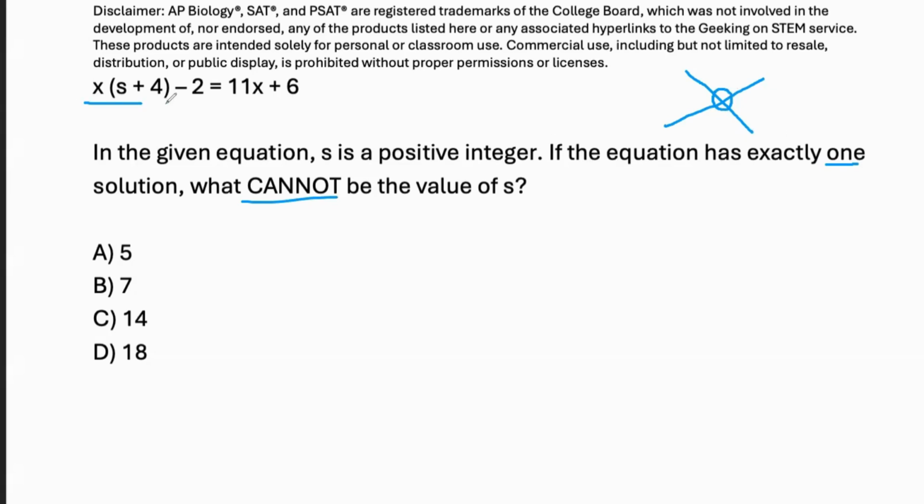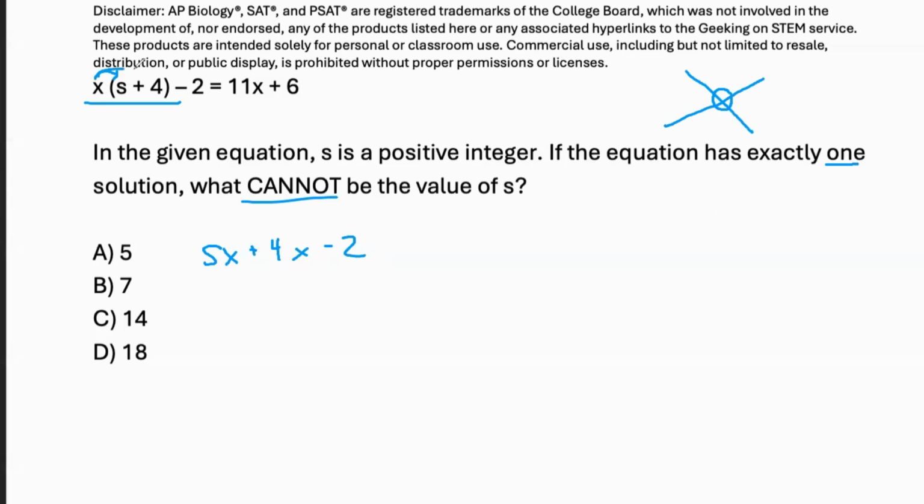We're going to first tackle the left-hand side by distributing that x, which basically says s times x, plus 4x, minus 2. Because we're bringing that 2 down.